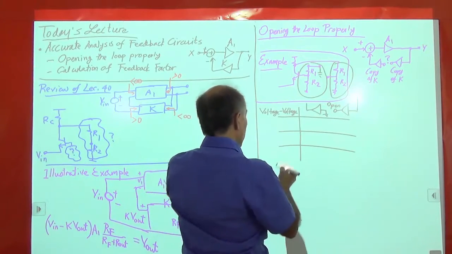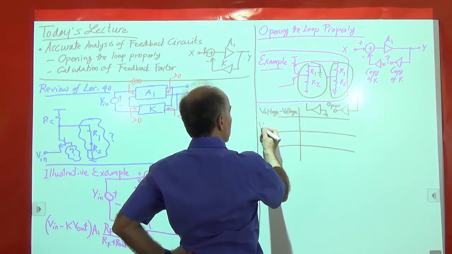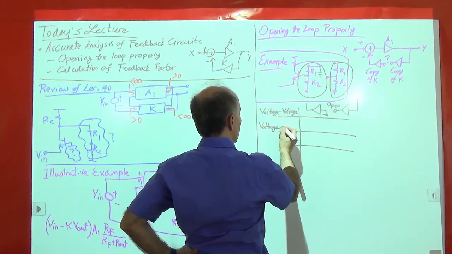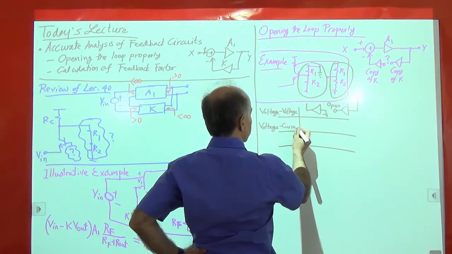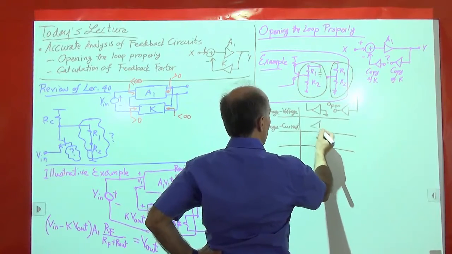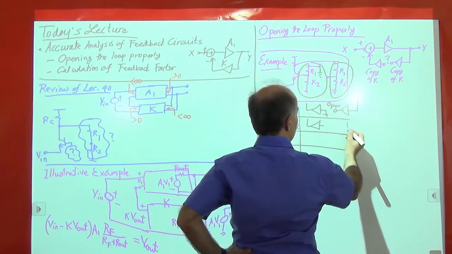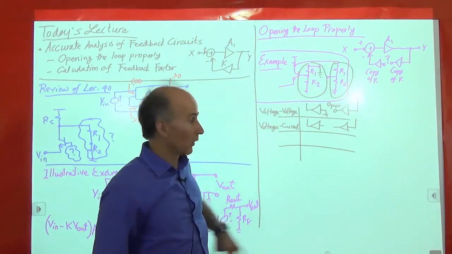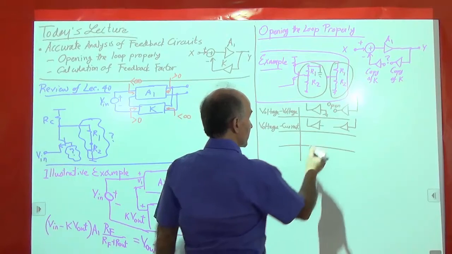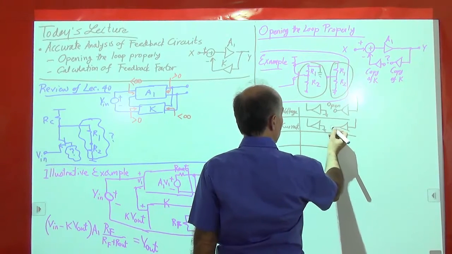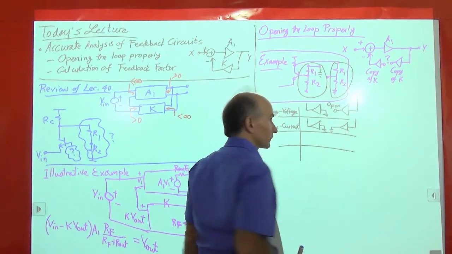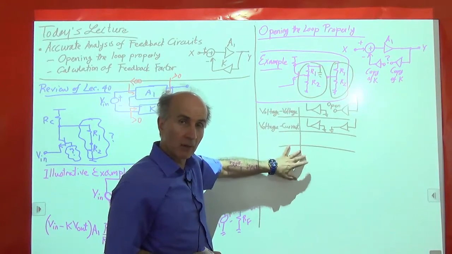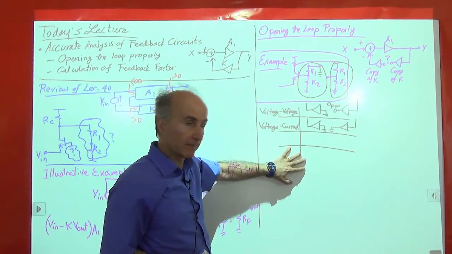All right, so the next category is we sense a voltage and return a current, right? That's the transimpedance amplifier. Voltage, current. Okay, so again, we have 2 copies of the feedback network. One attached to the output, one attached to the input. And what do we do with these 2 nodes? Well, this will be grounded. This will also be grounded. So we'll see examples of these as we go along, but this is just a table summarizing all 4 cases.